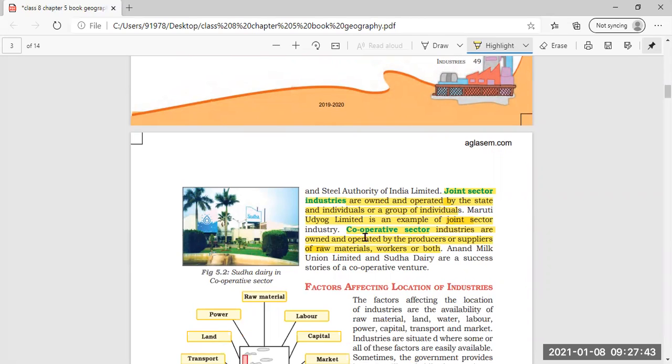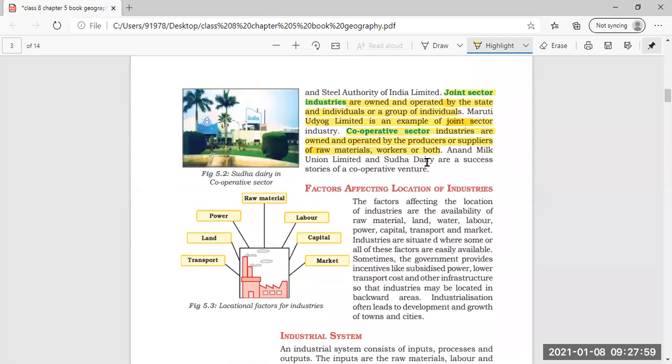Then next, we have understood the cooperative sector, which is owned, operated and taken care of by the producers, suppliers of the raw material, or the workers, or both. So all are involved in that particular industry. An example is the Anand Milk Union Limited, cooperative we say, and the Sudha Dairy Cooperative we can say.